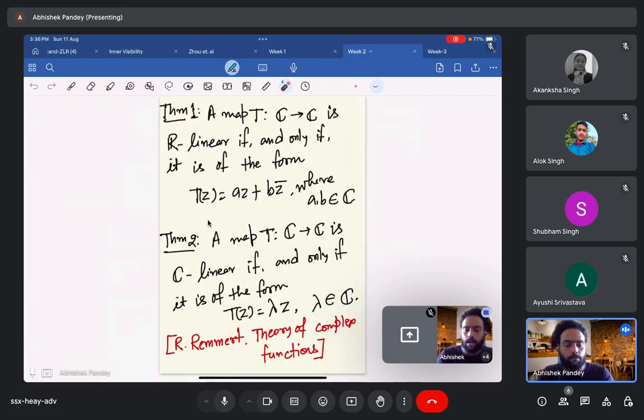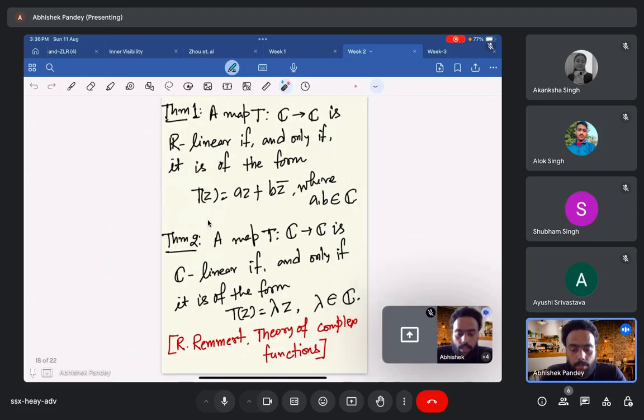Every R linear map from C to C is of this form. R linear map means it is a function from C to C, but it is linear when you consider C as a vector space over R. Is it clear? Whether the R linear map is clear to everyone?